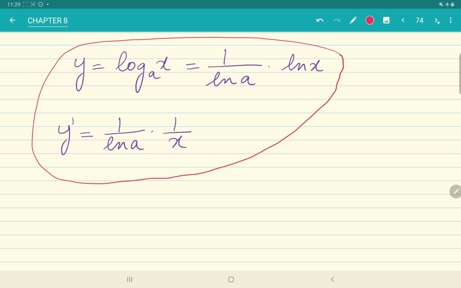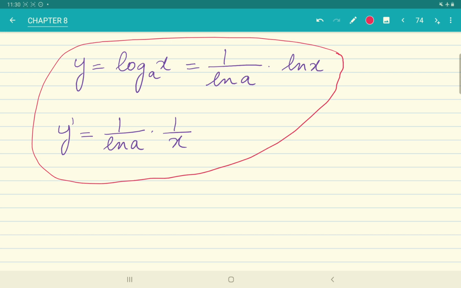So if I have y is equal to log of x to the base a, y prime is going to be equal to 1 by ln a multiplied by 1 by x. We are keeping in mind the fact that log of x to the base a is nothing but 1 by ln a multiplied by ln x.